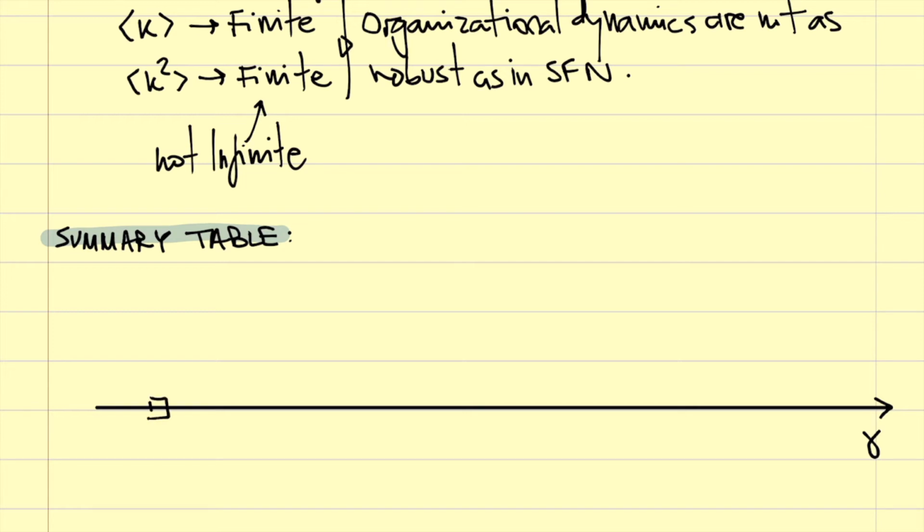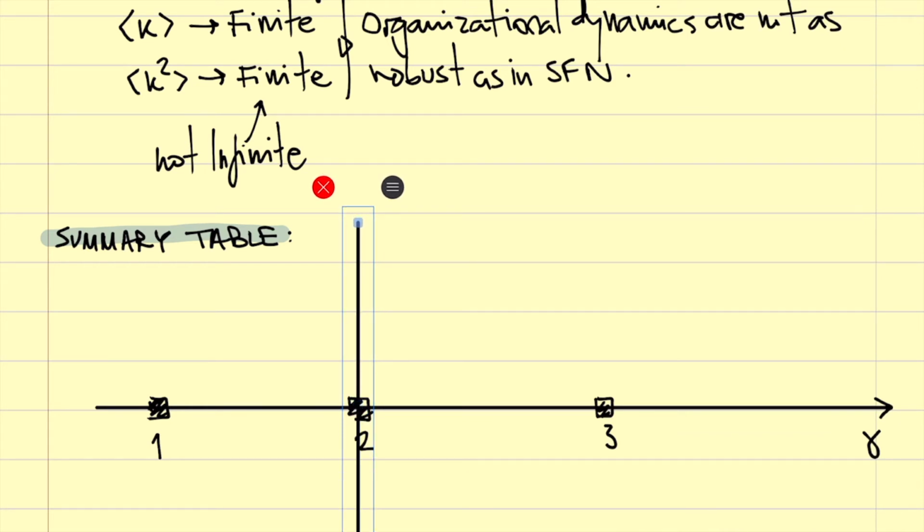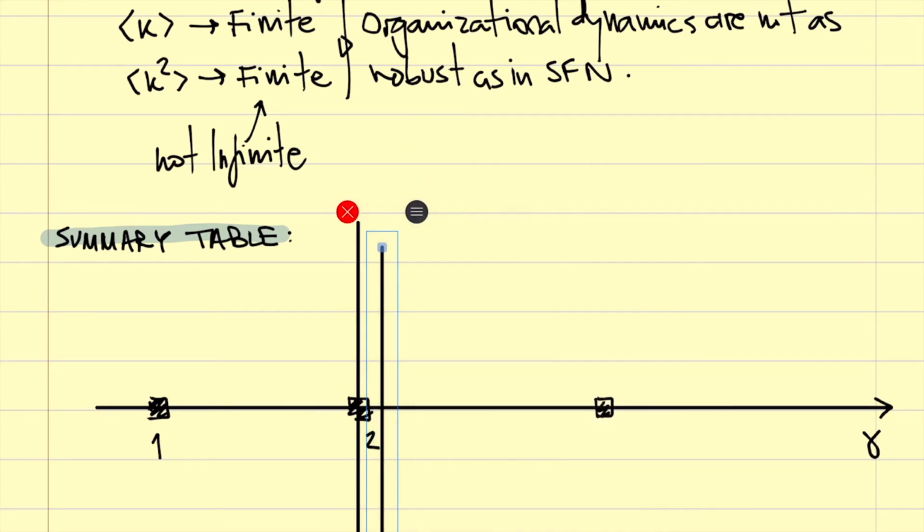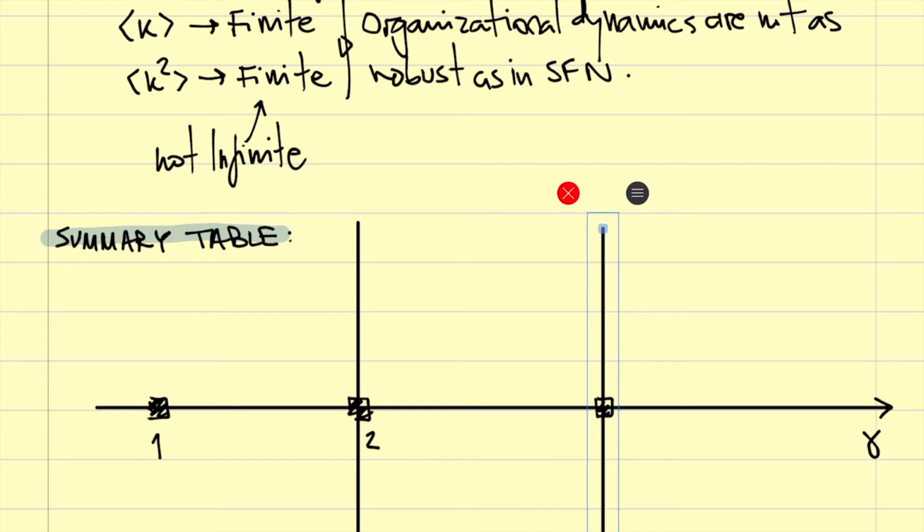Here we have number 1. Here we have gamma 2. Here we have gamma 3. And so on, okay? So the first thing we do is here we paint a line here, bam. And 2. And here we copy the line.